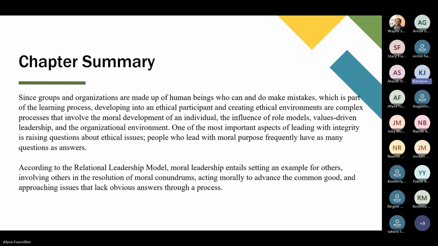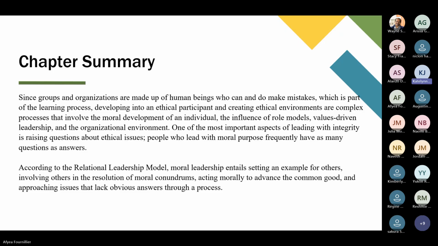Okay, and then to the next slide, we just have a summary of our chapter. Since groups and organizations are made up of human beings who can make mistakes, which is part of the learning process, developing into an ethical participant and creating ethical environments are complex processes that involve the moral development of an individual, the influence of role models, values driven leadership, and the organizational environment.